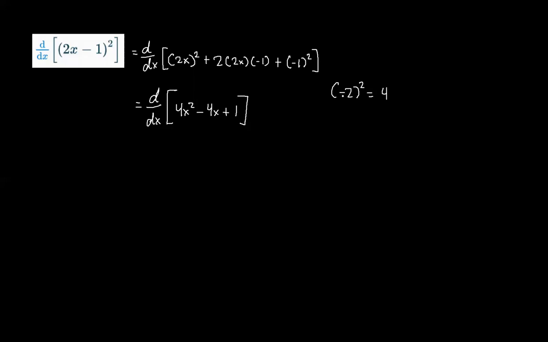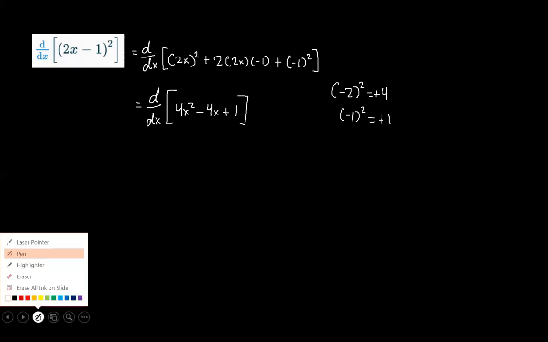And as you can see, we have a negative sign, but if you square a negative number, the result would just be the positive of that number's square. So the square of negative 2 will give you positive 4. Same thing here, the square of negative 1 will give you positive 1. Basically, if you square a negative number, the result would be positive. All right? So yeah, that's it.